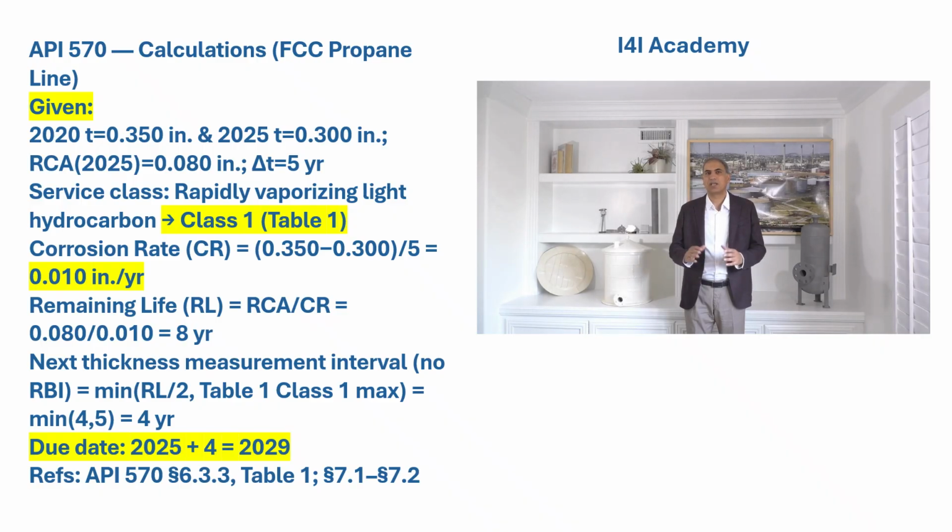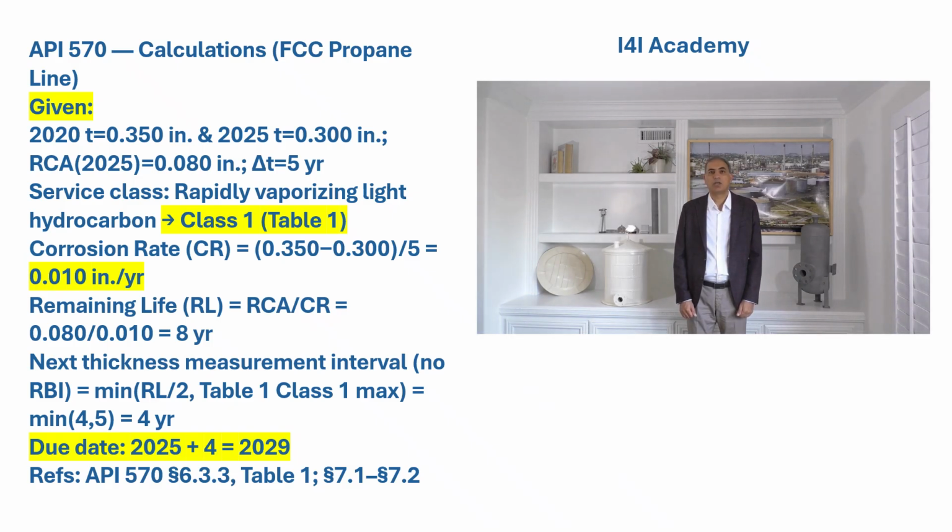We took the remaining corrosion allowance from the inspection record, 0.080 inches, and divided by the corrosion rate to get a remaining life of 8 years. Then we applied the code rule for non-RBI intervals, used the lesser of half life or the table maximum, and chose 4 years over 5. Final answer. The next thickness measurement interval is 4 years, due in 2029.